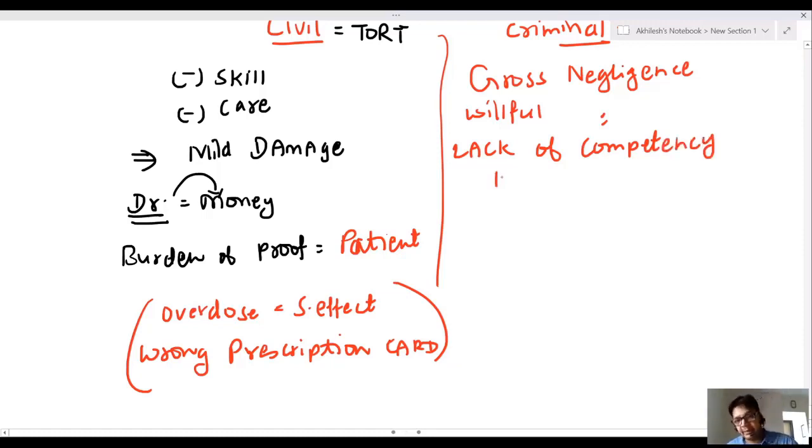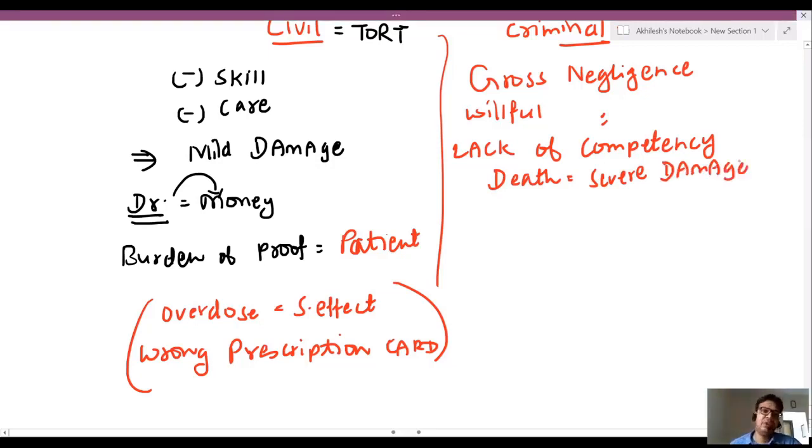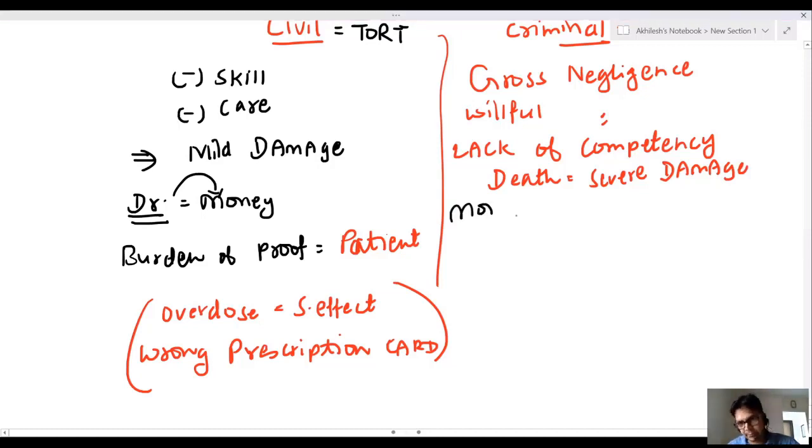Sir, here there may be death or severe damage. Not only compensation, but also 304A IPC. So it will be dealt with in the criminal code.